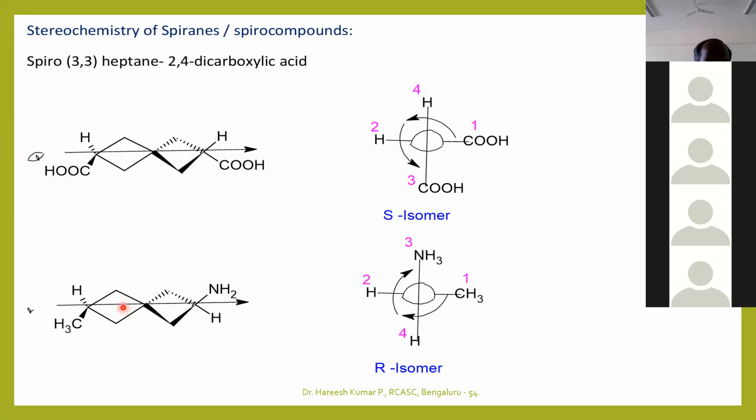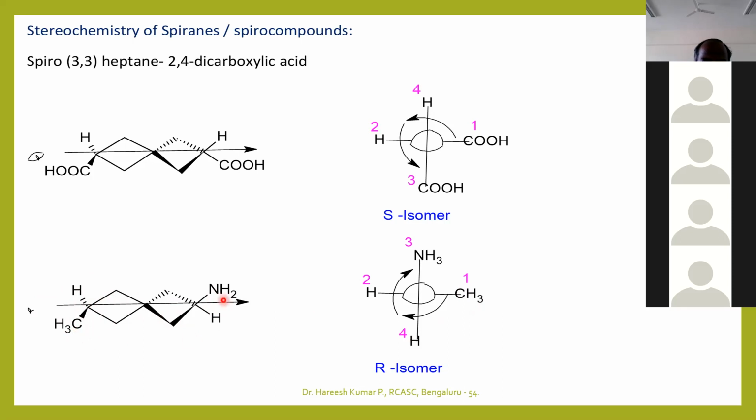Similarly, you can also assign R and S configuration to this Spiro compound. So here what you are observing, these two groups are nearer groups, and these two groups are horizontal ones, these two groups are vertical ones. So when you are viewing from here, CH3 is coming on the right hand side. That is the reason this is right hand side. H is on the left hand side.